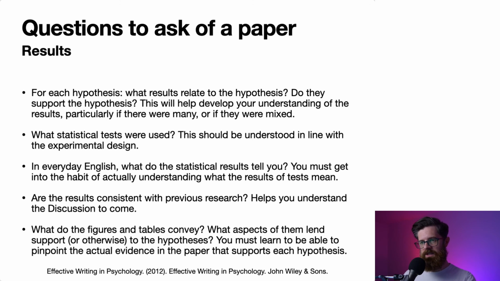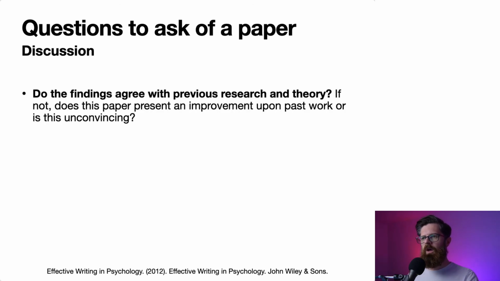Is it the statistical result, or is it the combination of a statistical result and the way they may have demonstrated that in a figure? And so this is a good way of structuring your understanding and helping you evaluate if the results are convincing.